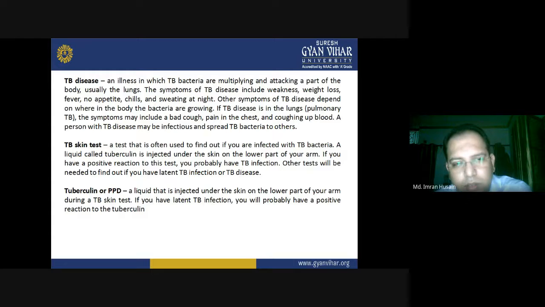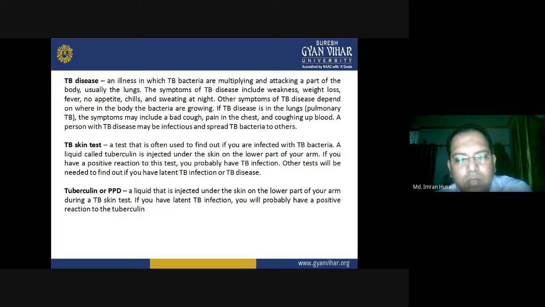TB skin test. A test that is often used to find out if you are infected with TB bacteria. A liquid called tuberculin is injected under the skin of the lower part of your arm. If you have a positive reaction to this test, you probably have TB infection.